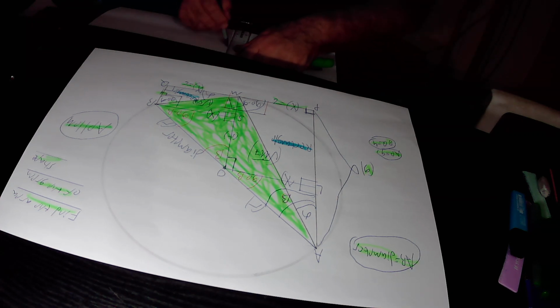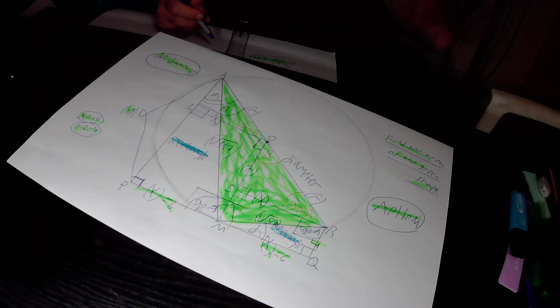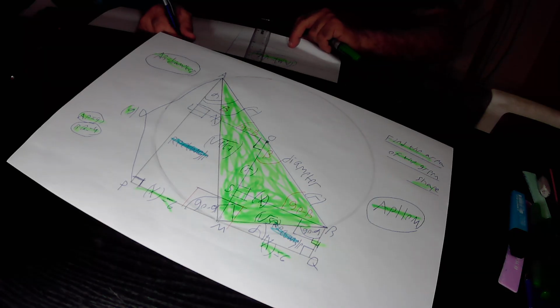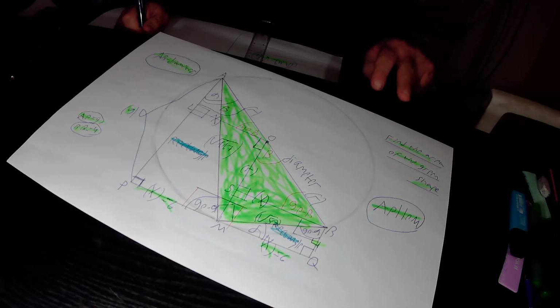Our task is to find out the area of this green shape. The green shape is actually the green right triangle AMB. We know that the area of any triangle equals the base of the triangle times the height over 2.